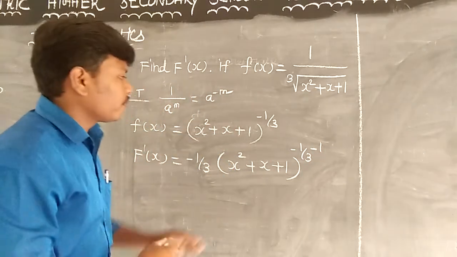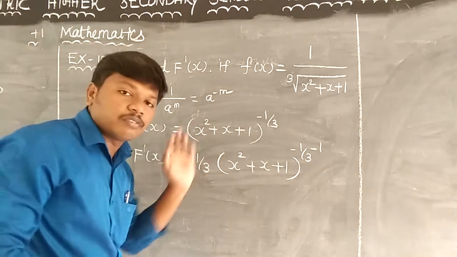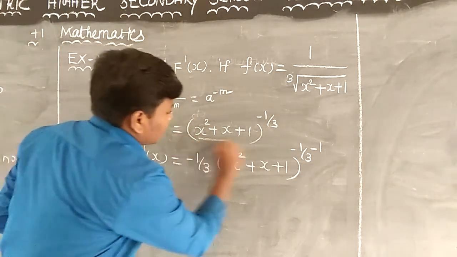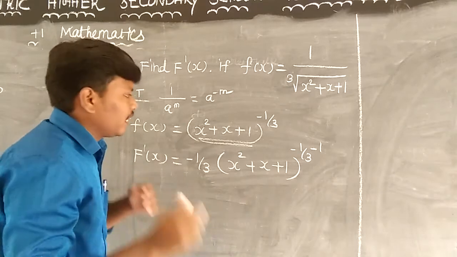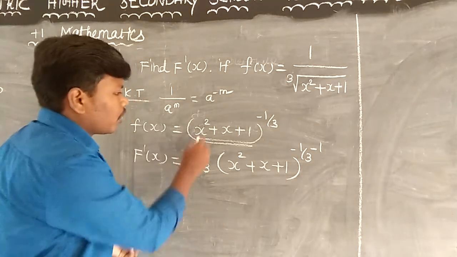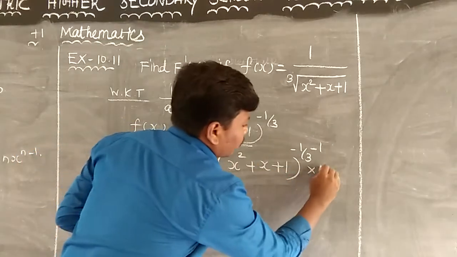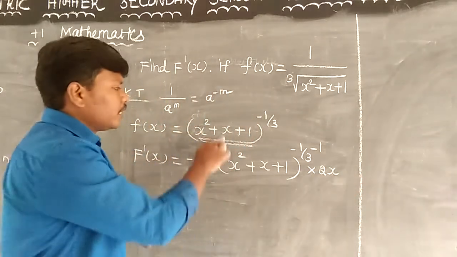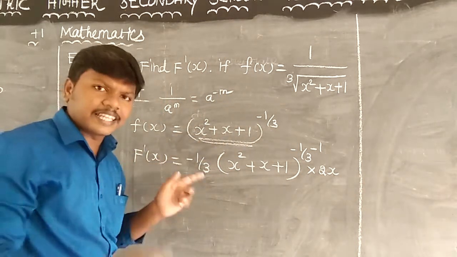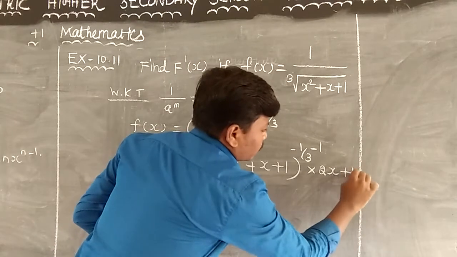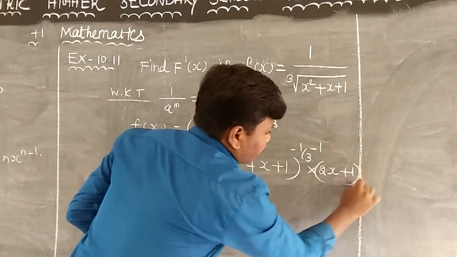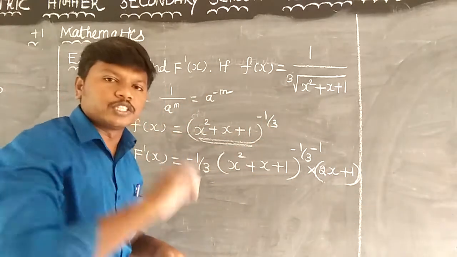Okay, and we are going to differentiate the inner function. This is the inner function. If you differentiate x square, you get 2x. Then if you differentiate x, you get 1. So 2x plus 1. If you differentiate 1, you get 0.